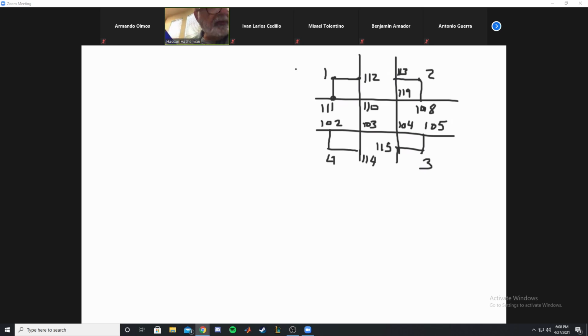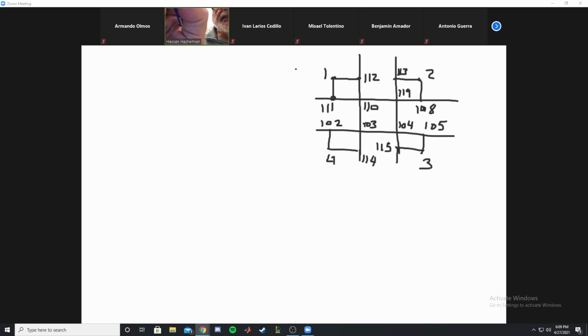Now, in this problem, they made it very easy. They said that tree number 1 is from 1 to 112, 110. I'm reading it from page 284 of your textbook at the bottom.